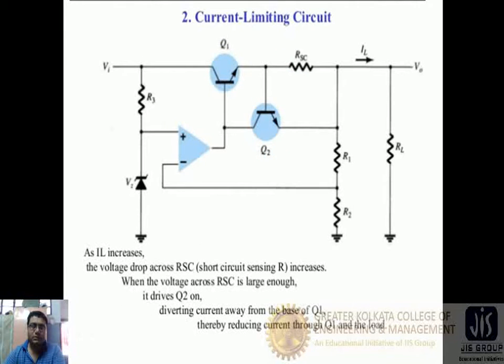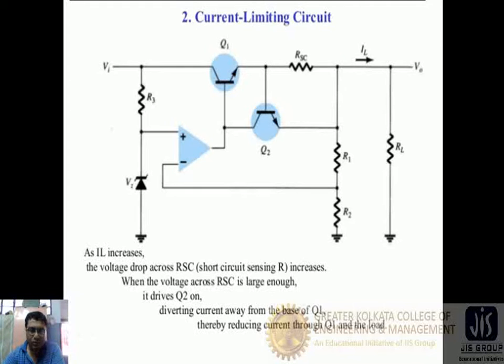Next comes the current limiting circuit. It is the current limiting circuit. As IL increases, that means the load current or output current, the voltage drop across RSC also increases. When the voltage across RSC is large enough, it drives Q2 on.